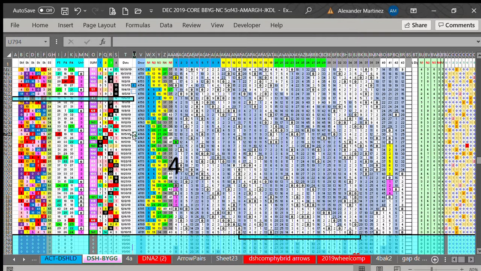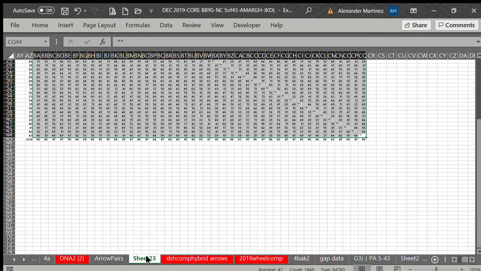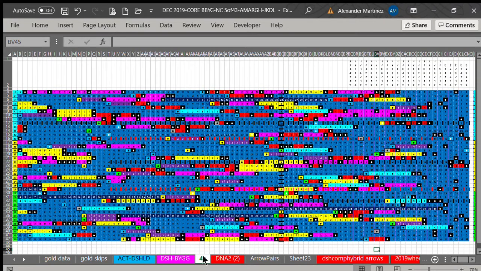Now, one thing that I'm going to look at is I exported 4B in one of these charts. Was it this one? Maybe it was this one. No, it wasn't this one. Was it this one? No, it's not that one. I'm not sure.